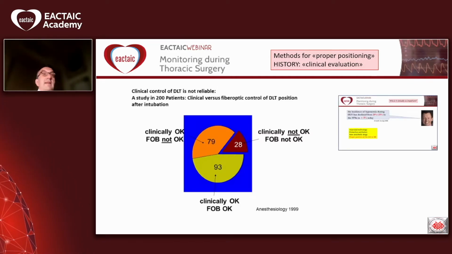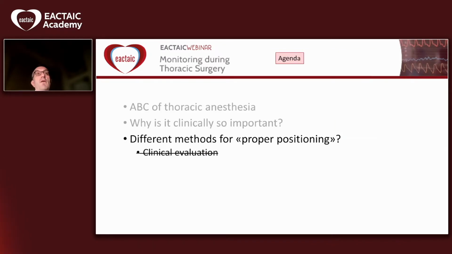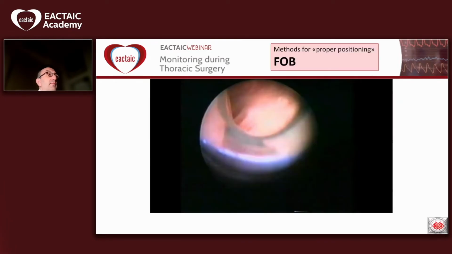And that's an explanation why the frequency of hypoxemia in these years was so high. And therefore, now we have to find something else to make a more rational decision about the proper position of the double-lumen tube or bronchial blocker. So auscultation is not the answer.